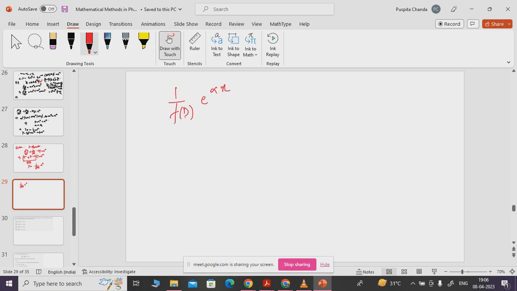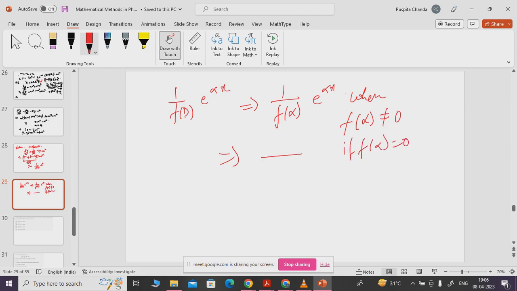1 by f of D e to the power alpha x will be 1 by f of alpha e to the power alpha x when f of alpha is not equal to 0. If f of alpha is equal to 0, then we need to replace it with f dash alpha, and in the upper hand we need to introduce an x into e to the power alpha x, but here f dash alpha should not be equal to 0.